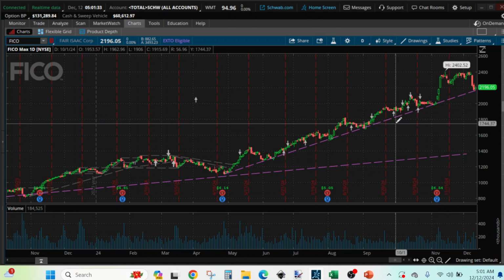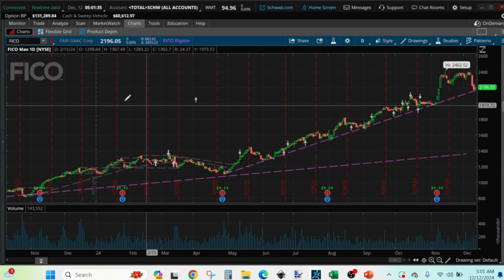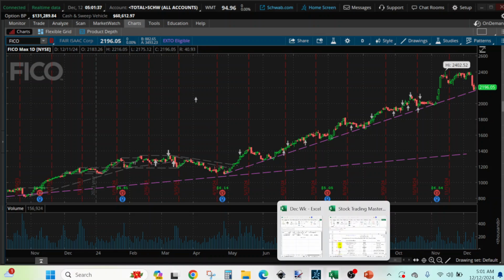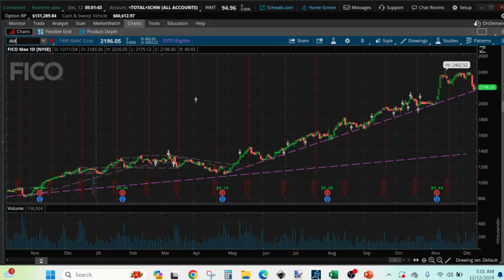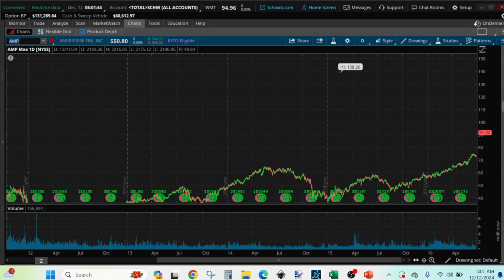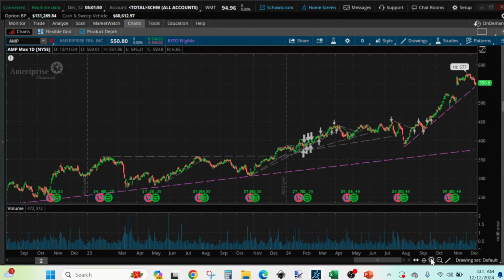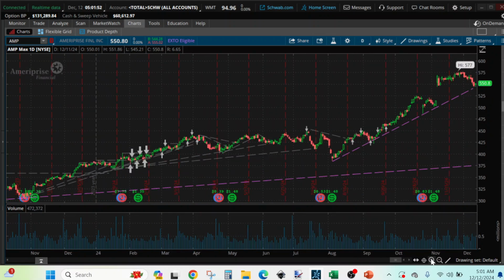But again, I didn't feel comfortable to purchase it yesterday, and I didn't purchase it. So now let's go to AMP. But that was the analysis behind my decision.